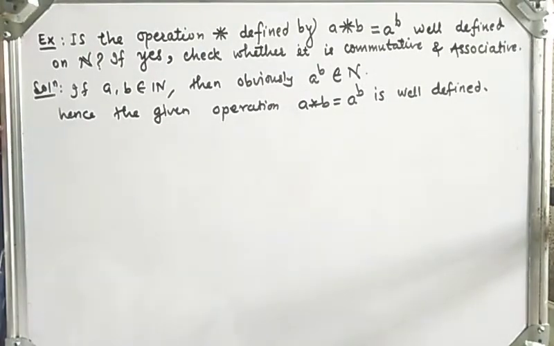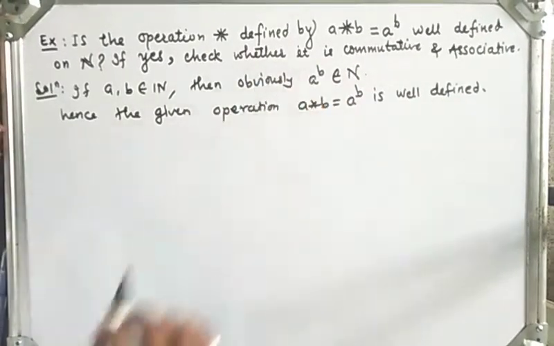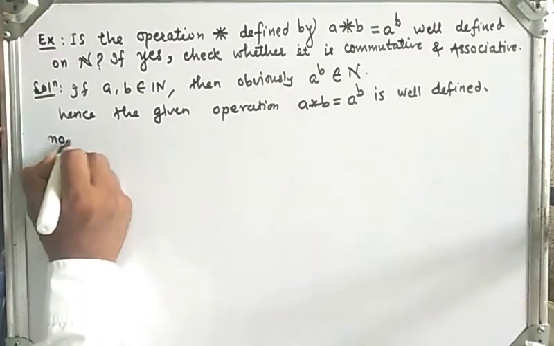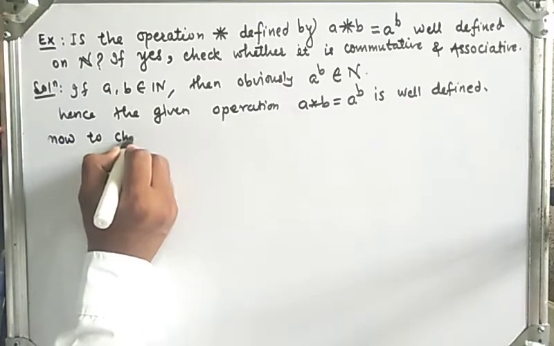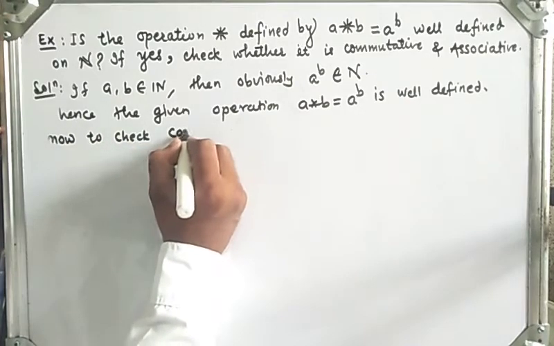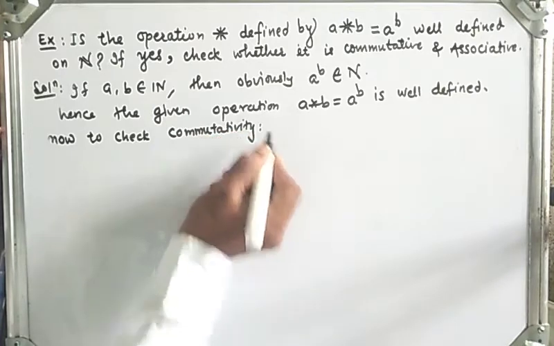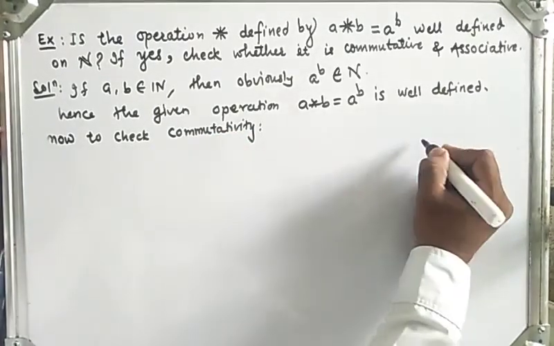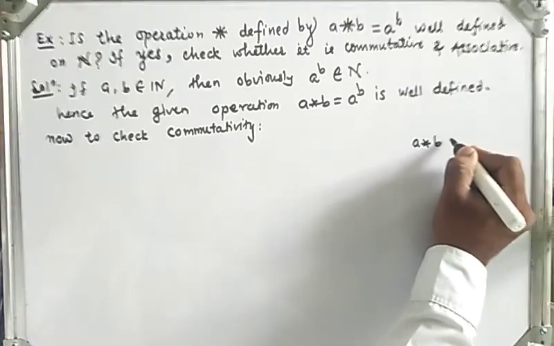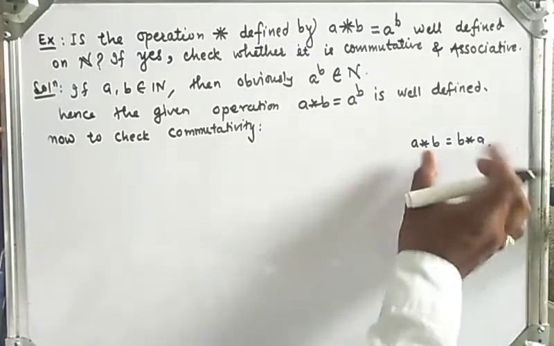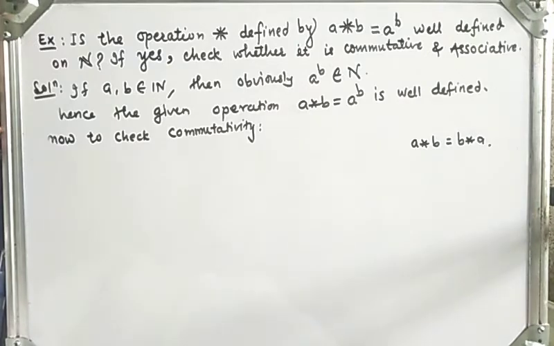So here to check whether it is commutative, now to check commutativity, so what is the commutativity property? The commutative property is a star b is the same as b star a. If both are equal, then we say that star is commutative.